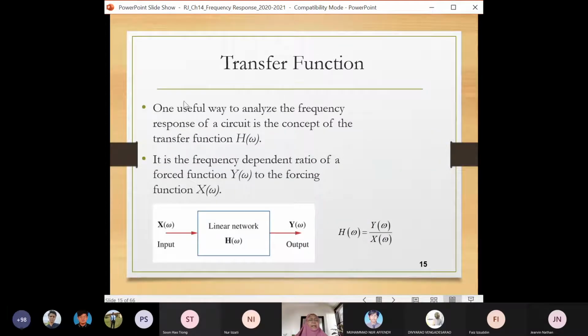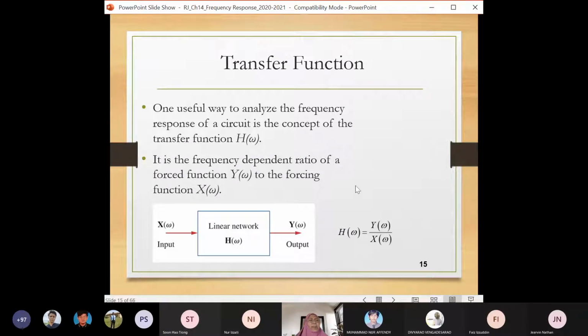Alright, so in terms of transfer function, as I mentioned in this chapter, our main concern is to represent a system in terms of its transfer function. One useful way to analyze the frequency response of a circuit is the concept of the transfer function, H omega.